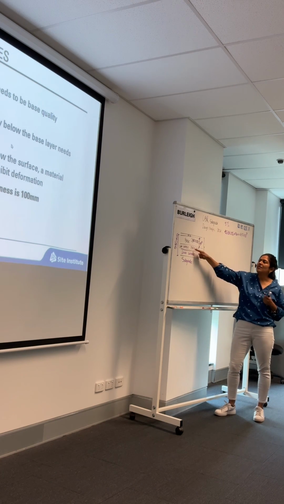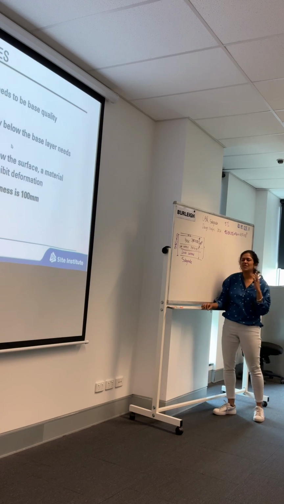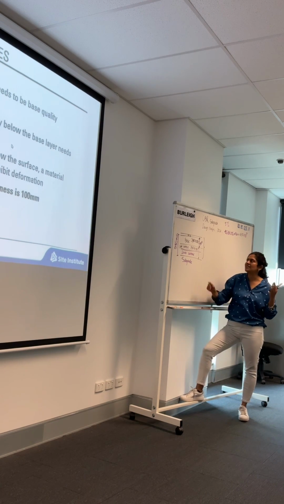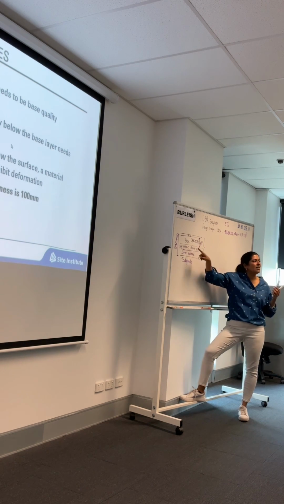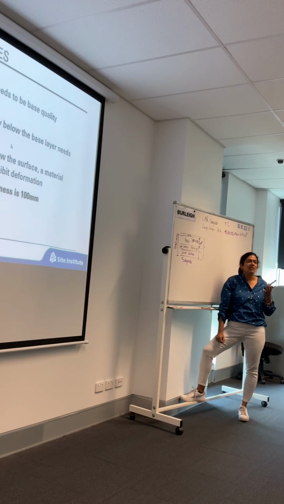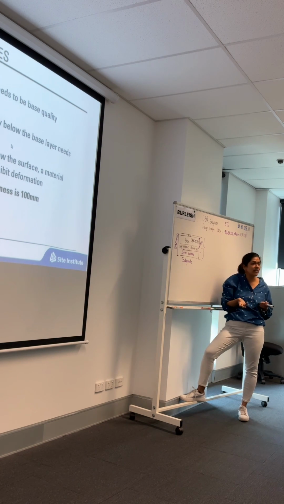Why do we break down the subbase into upper and lower in two? Because the rule specifically says below the CBR of 80, we need to have a CBR of 30. But usually a CBR of 30% is quite good material, and we don't want to use all of that in the full pavement composition because it could be very expensive.